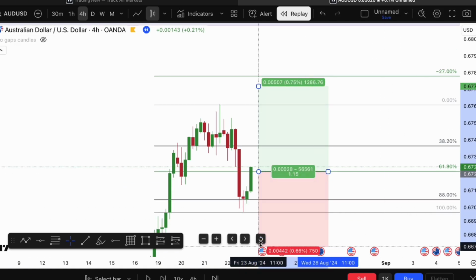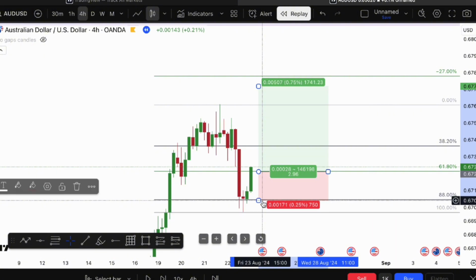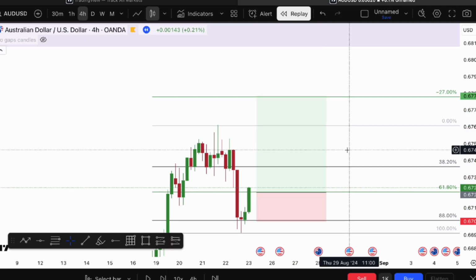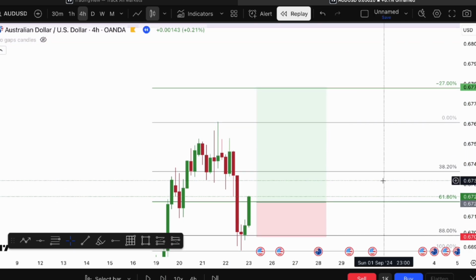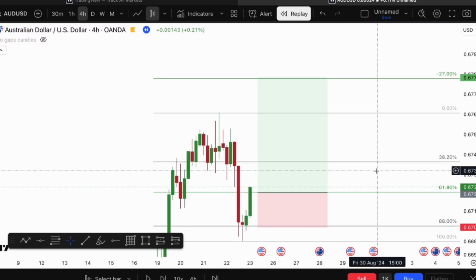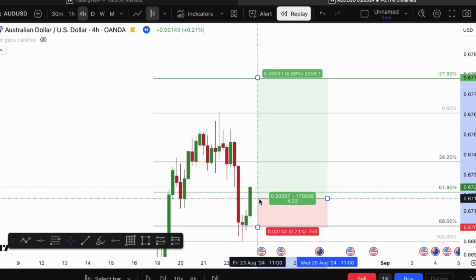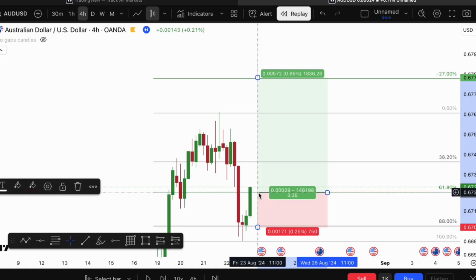My stop loss is going to go on the 88 level and my take profit on the negative 27. Take profit is always going to be on the negative 27. You can always adjust your entry from the 61 level and the stop loss on the 88 if you wish to create a greater risk to reward, but you at least need a 1 to 3.